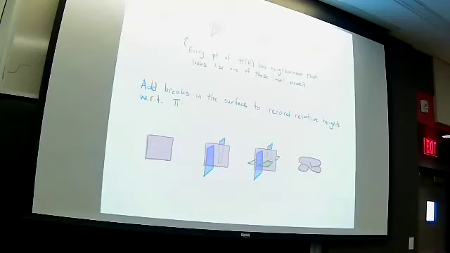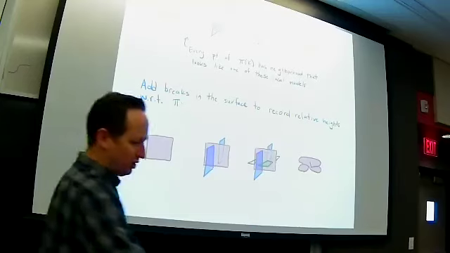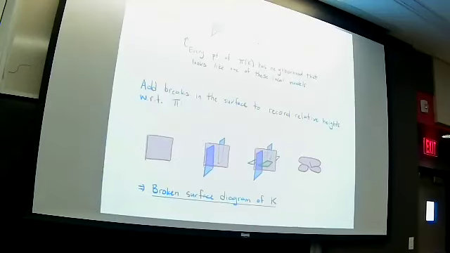I don't know if this picture is going to end up any better than the first, but we're cutting along one of the sheets. One of the sheets passes through unharmed. The other sheet, we snip it with a pair of scissors to break it. And then we get this point where the 2 sheets still meet. So if we do this to our picture, we get what's called a broken surface diagram of our knot, okay?